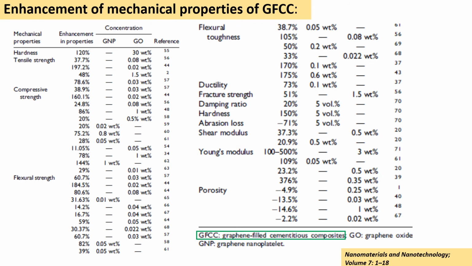So this is a combined effect. Again I am emphasizing, this is not a single effect, it's a combined effect. These graphene materials seem to be very effective in improving the mechanical properties of the cementitious composite.